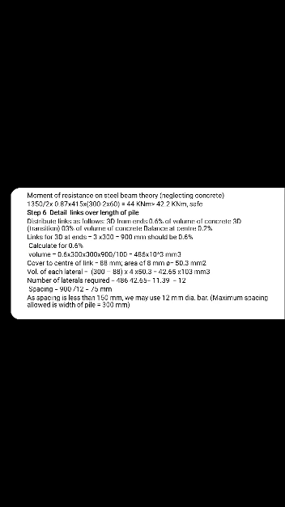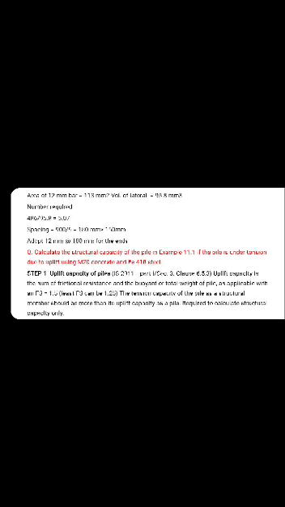Volume is equal to area into length. It is obtained as 486 into 10 raised to 3 mm cube. And provide a cover to center of link as 88 mm. Area of 8 mm is pi by 4 into 8 square. It is 50.3.